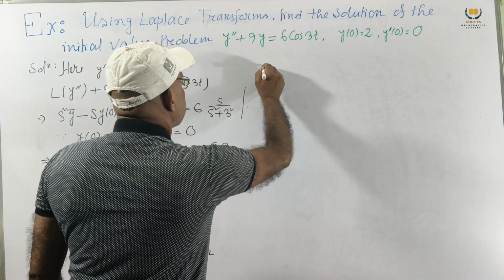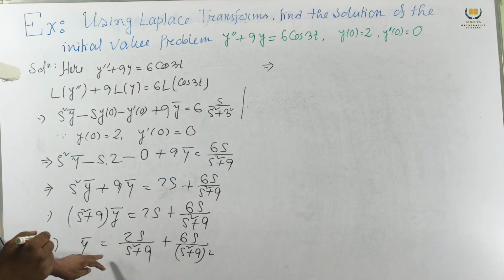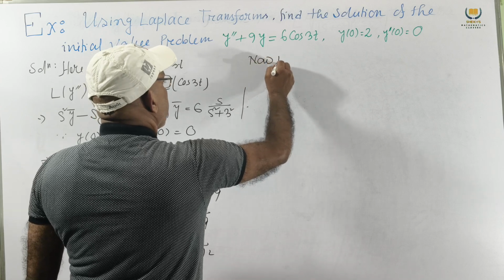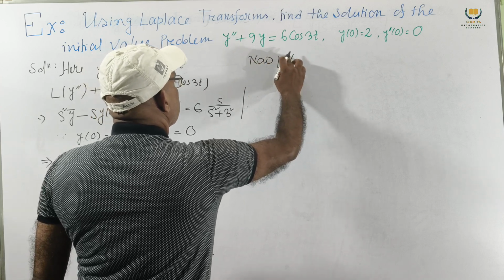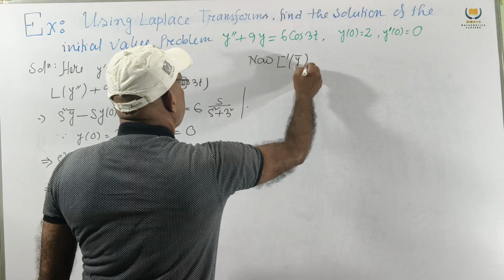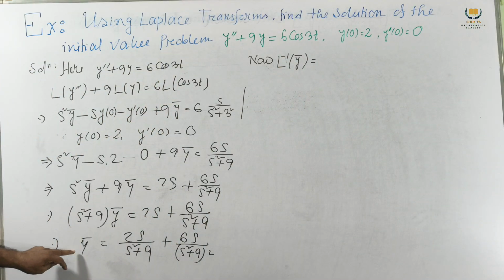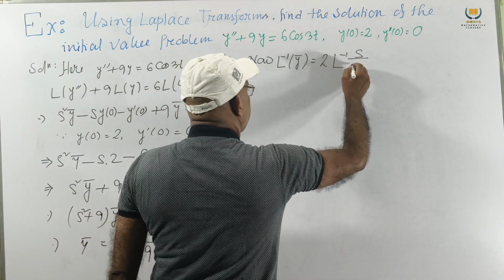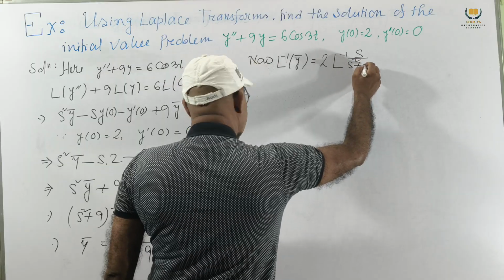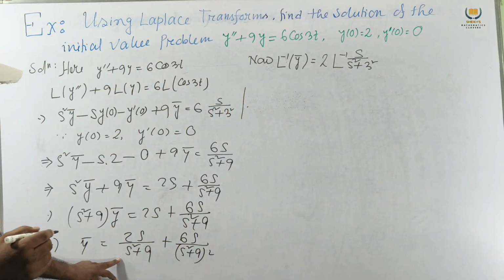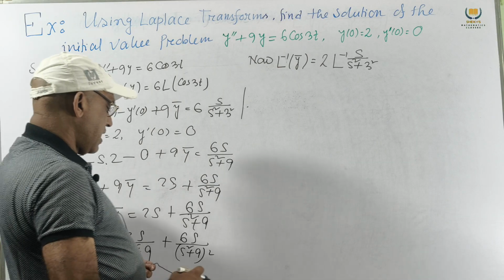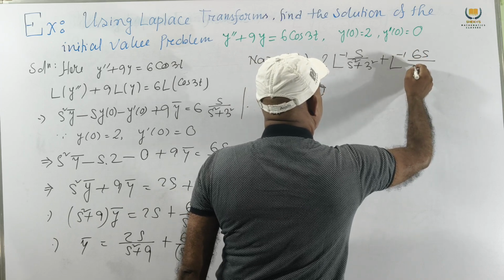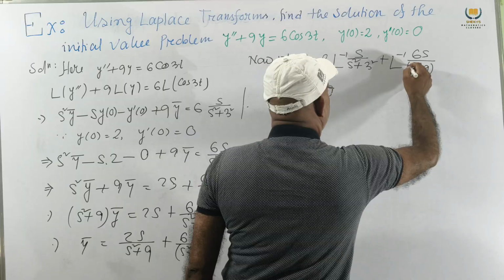Now taking L inverse on both sides, L inverse of y bar equals 2 times L inverse of s by s square plus 3 square, plus L inverse of 6s by s square plus 9 whole square.